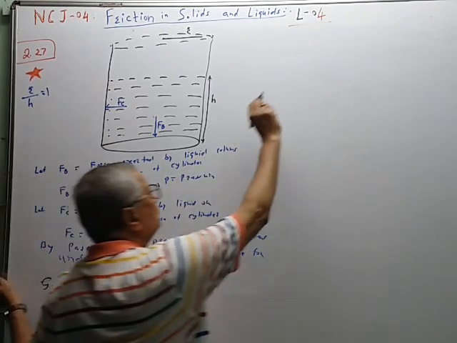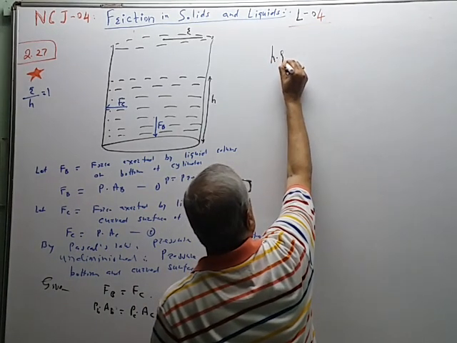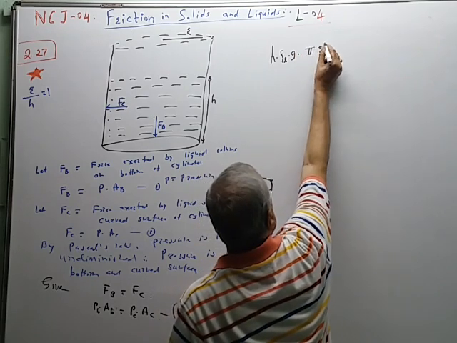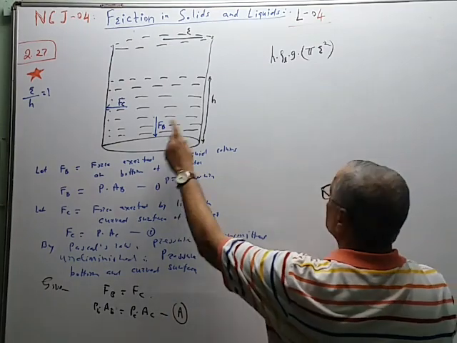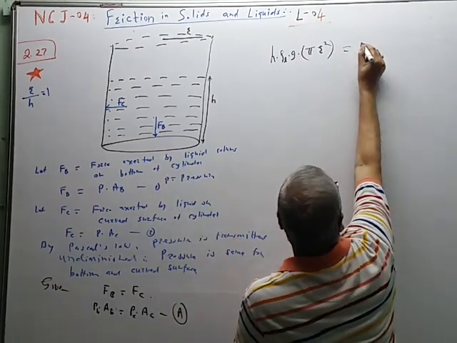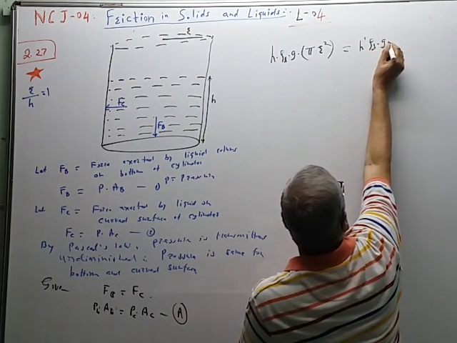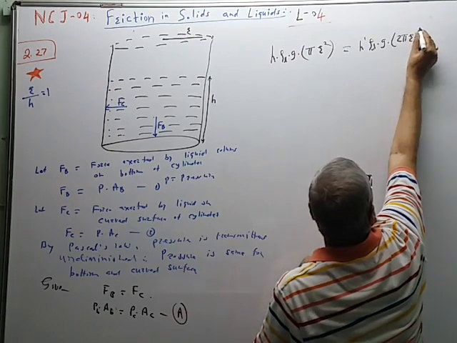So pressure on the bottom is equal to H multiplied by rho liquid into G, multiplied by pi r square. This area of the bottom is equal to pi r square. H dash into rho liquid into G into area, which is 2 pi r h.